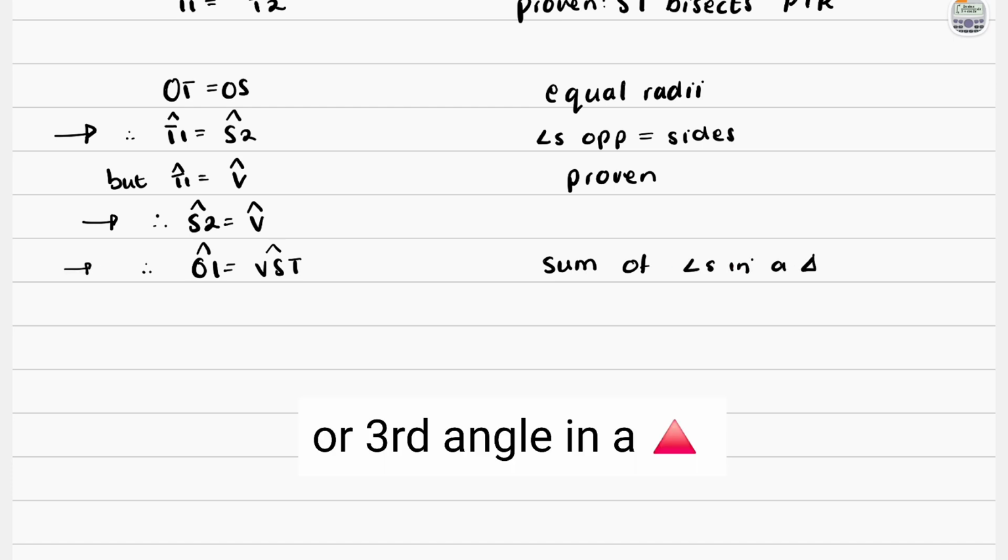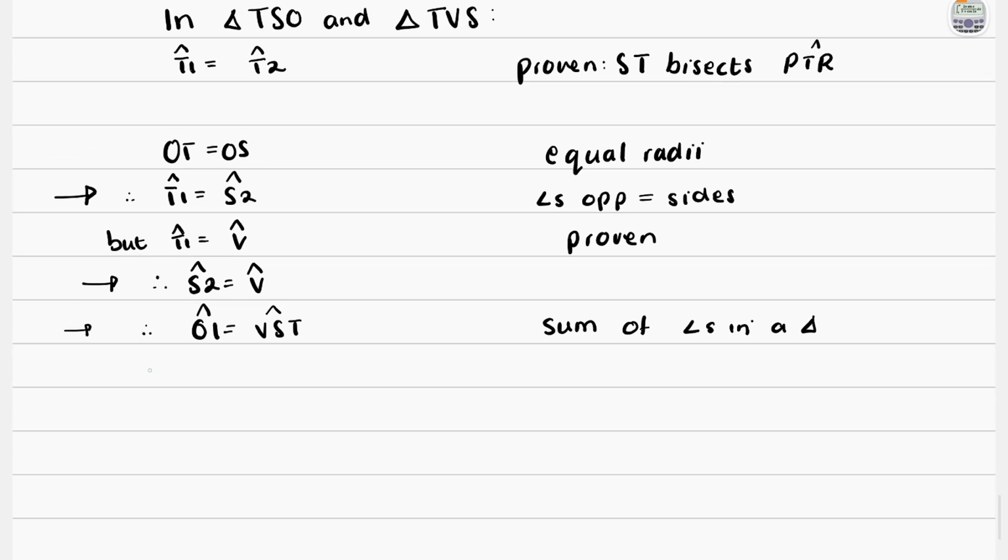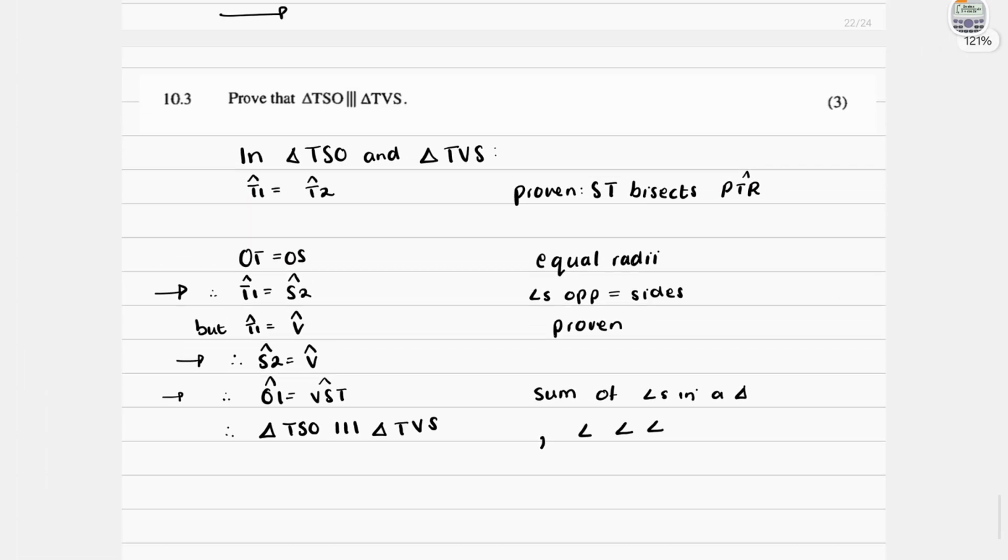So we've got three equal angles in the triangles. That means that triangle TSO indeed is similar to triangle TVS, because we were able to find three equal angles in the triangles. We can tell them that's because of angle, angle, angle. And that is our answer.